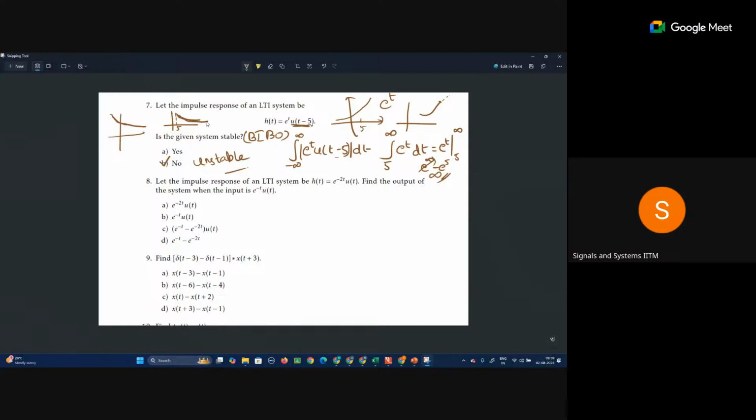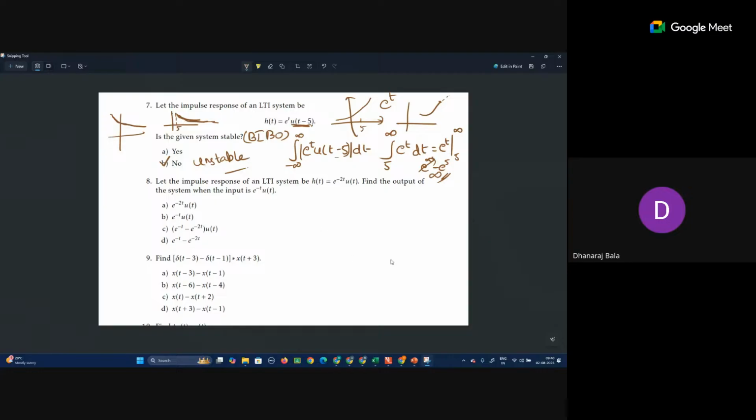This is how the graph will be. So there is no infinity in this case. Since it is tending to 0, it is bounded, for whatever values you take. So in this case, we will be getting stable. Okay.